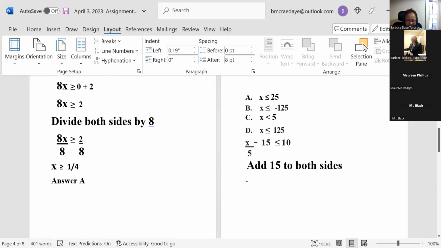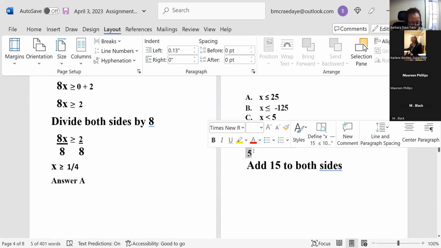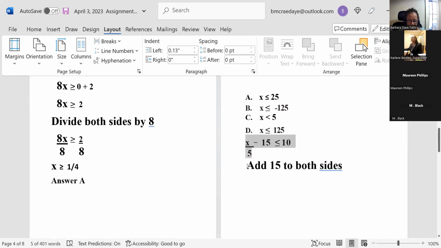Okay, so let me just copy this. Now add the 15 on the left, and now add it on the right.